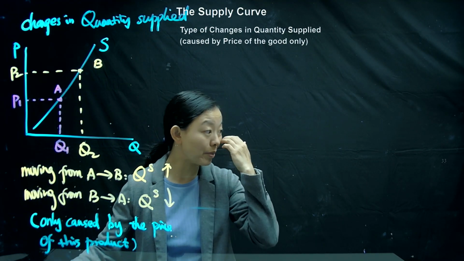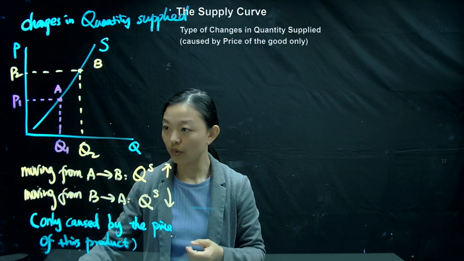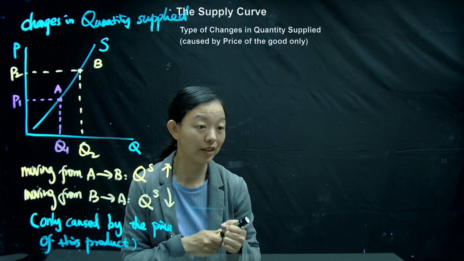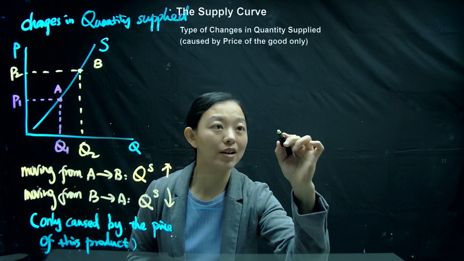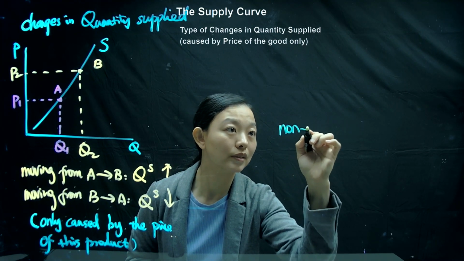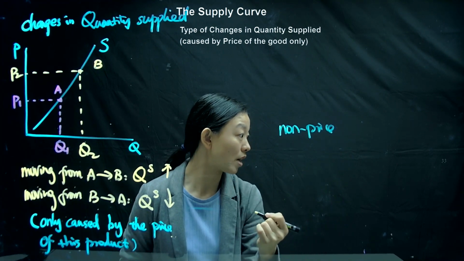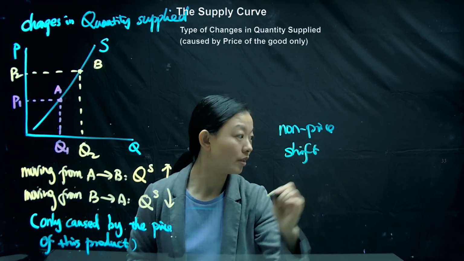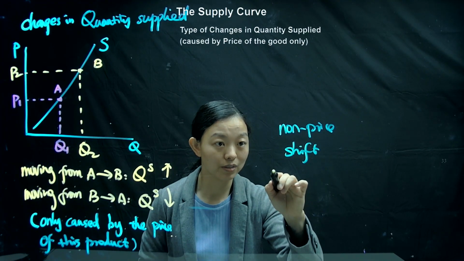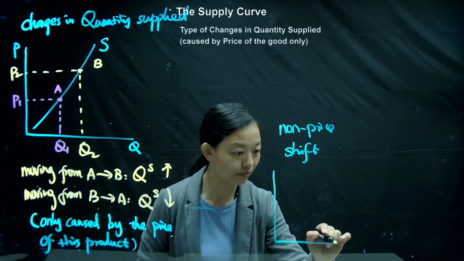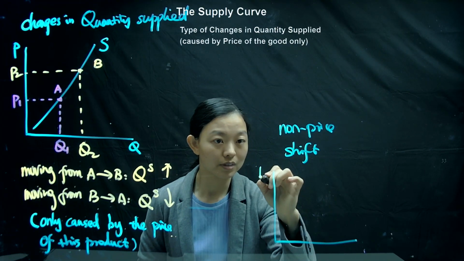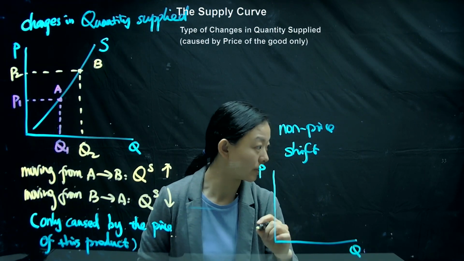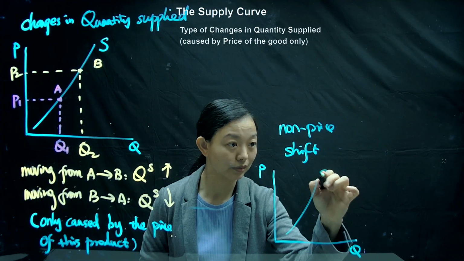If other things happen, what will happen to the supply curve? We say if there are other non-price determinant changes, it will shift the supply curve. Let me give you one example. This is the price, this is the quantity, this is the supply curve.